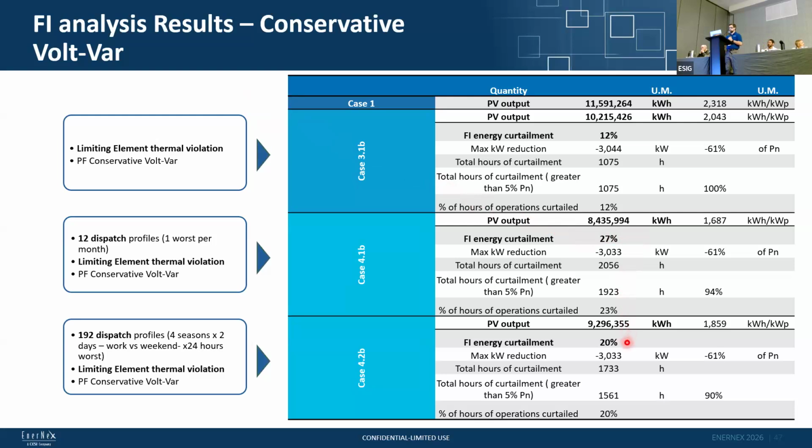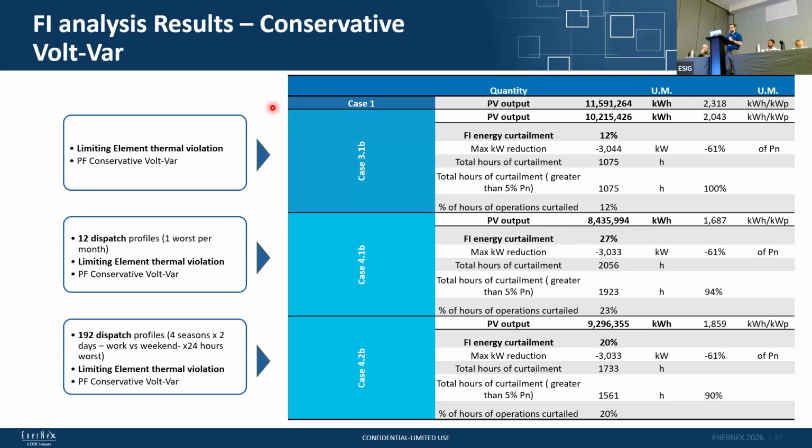Looking at it seasonally, we get less. And then, of course, doing it hourly, we get the least, but there's a trade-off in complexity of implementation. So it's a decision the developer has to make with that.